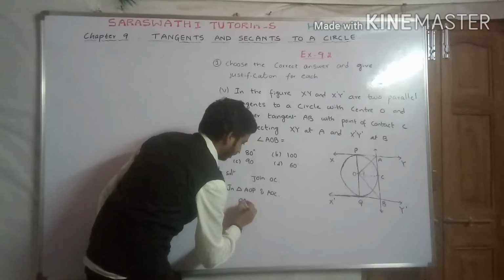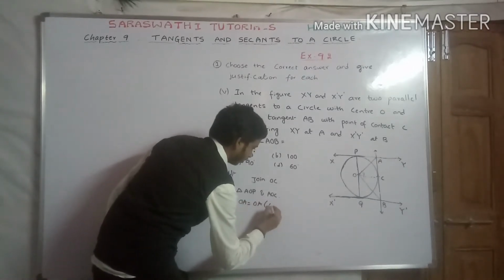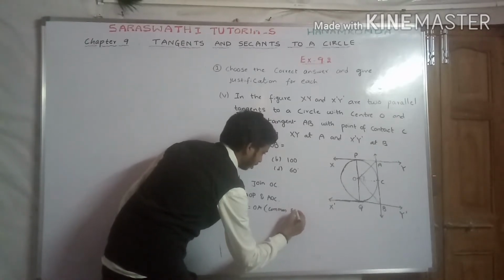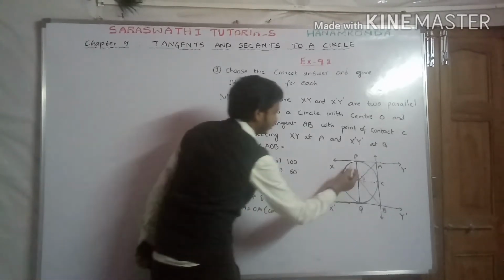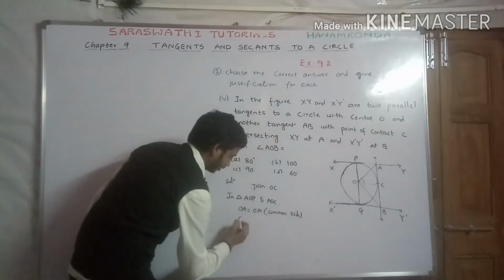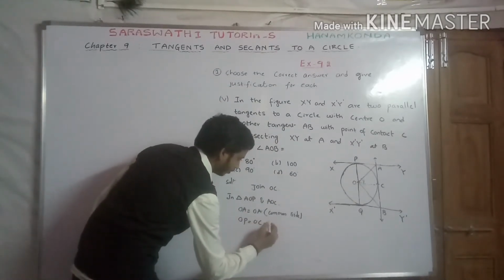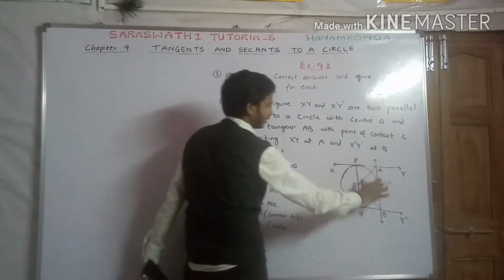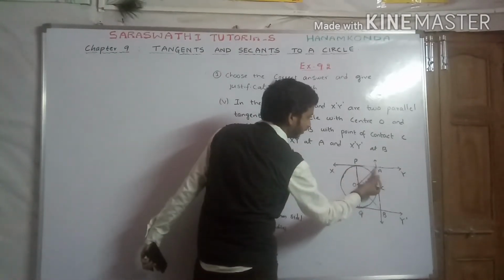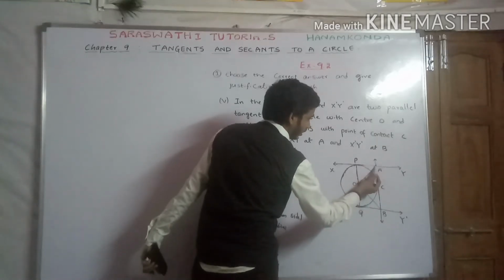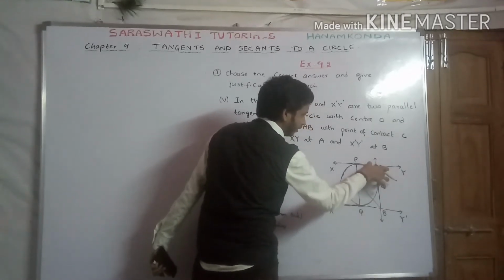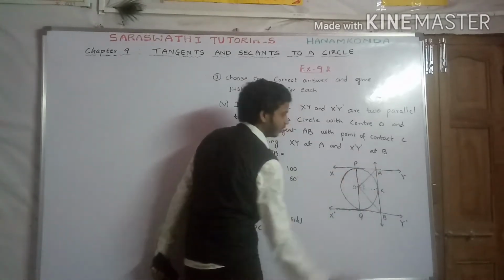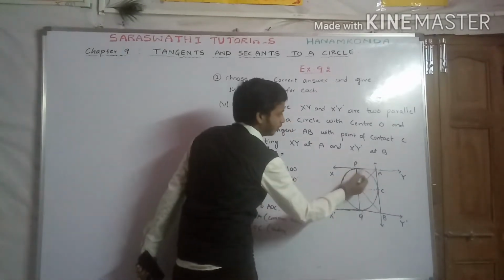OP equals OC since both are radii of the circle. And AP equals AC, since the lengths of tangents drawn from an external point are always equal.